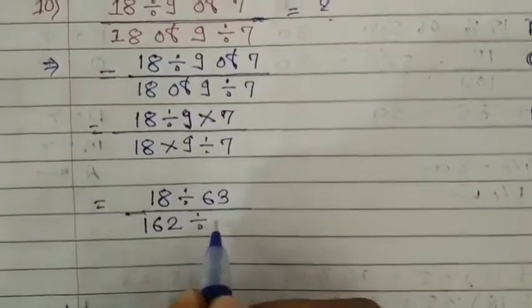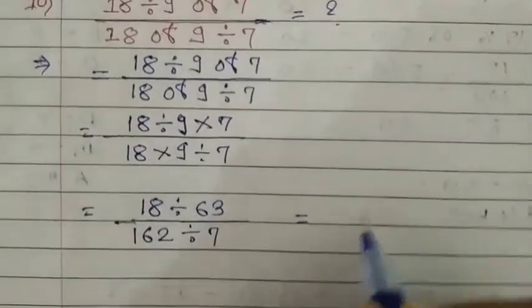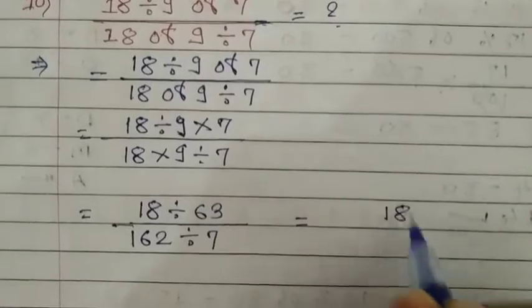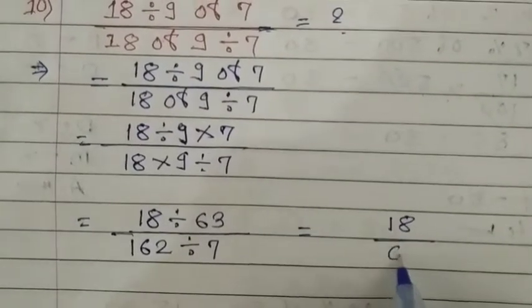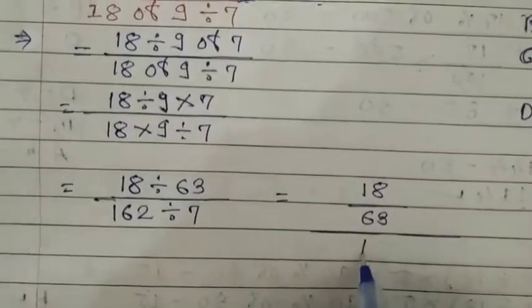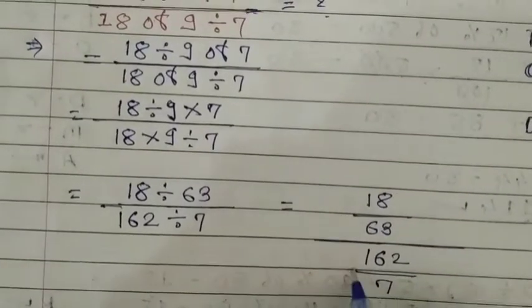So 18 divided by 63, then divide 162 divided by 7. We can write it in this form.